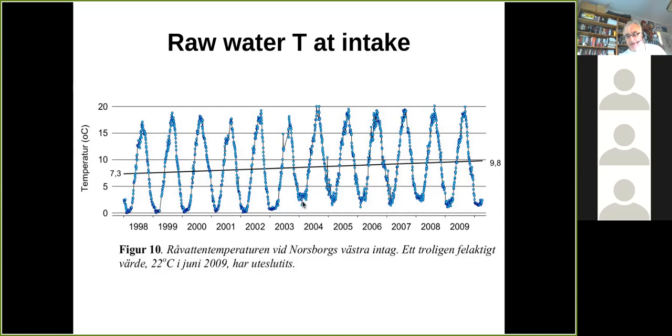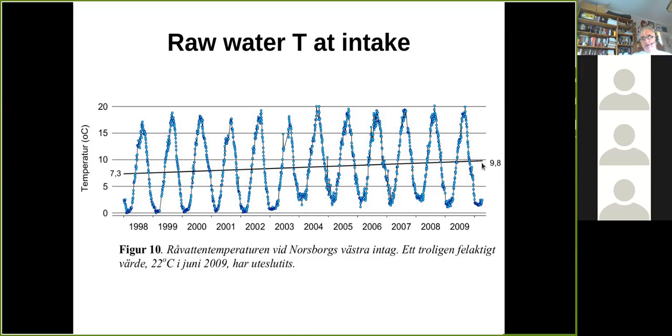But obviously not a couple of years here in the beginning of 2000. I can't explain that, but it seems that this line here indicates an overall increase in temperature of the water at the intake. It's not a lot, but, well, we go from 7.3 to 9.8.